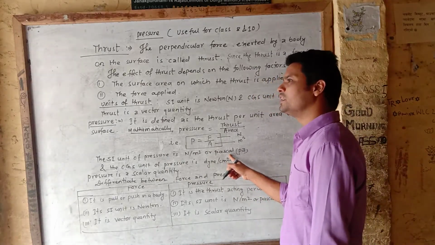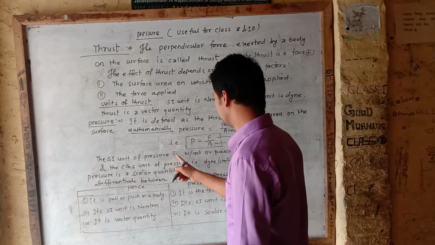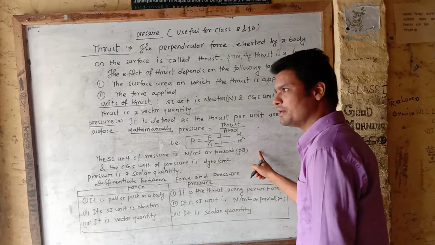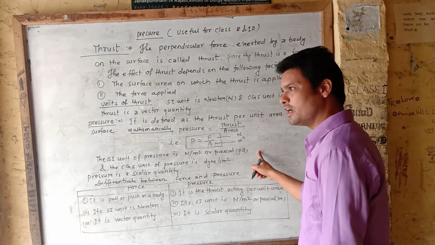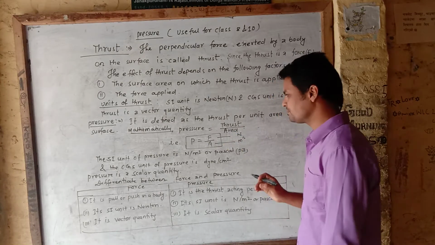Another unit is mm of Hg. These are the units of pressure.